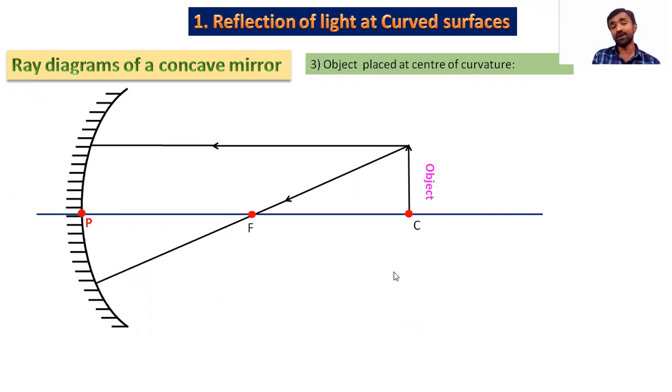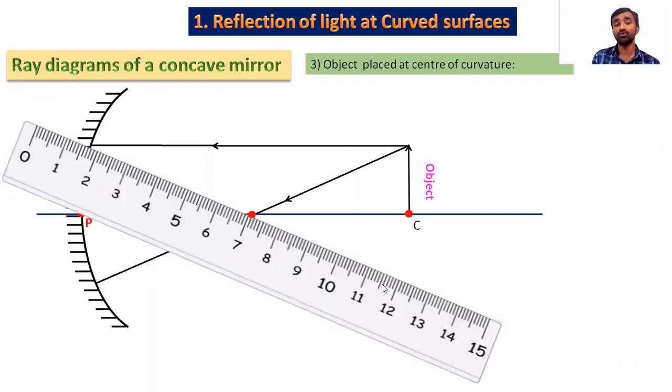Construct the reflected light rays of these. First one, R1: after reflection from the mirror, it passes through the focus. So we connect the point of incidence and the focus with the scale, then draw the reflected ray from the same point.